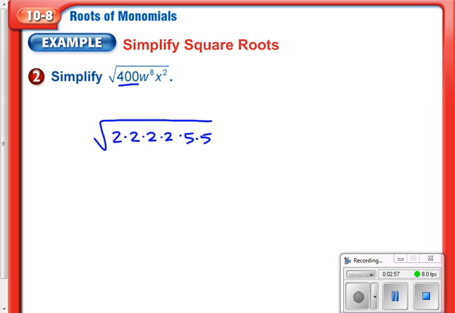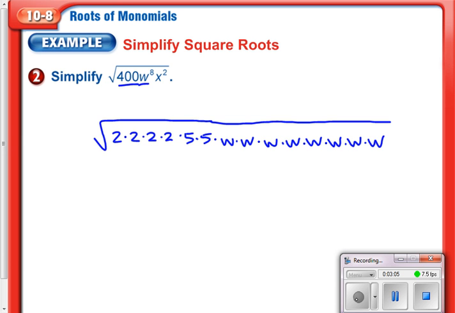The next step is it tells you how many w's you have. This says w to the 8th power, so I'd have 8 w's. Next, it tells me that we have 2 x's, so I'm going to fill in my 2 x's inside my square root. Again, this is a square root, square meaning 2. It takes 2 to move something out, so I group them in groups of 2.